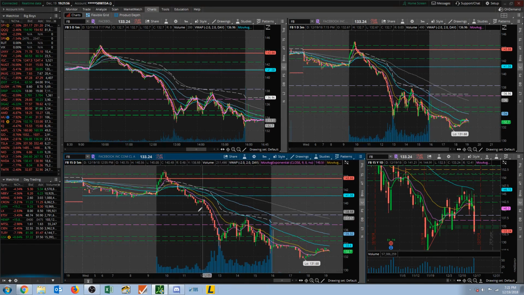These bigger names follow these levels. They see these levels. Other people see these levels. Computers scan and see these levels. So just graph it out, learn it over time, keep watching it, see what they're doing.